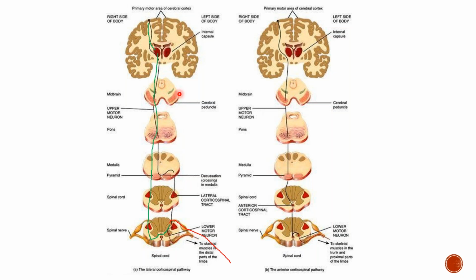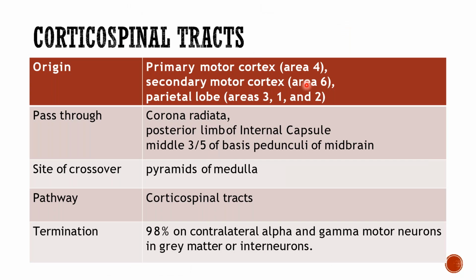so let me start from the corticospinal tract. Actually, it's already been done in your lecture, so I'll be just telling you again, a very basic review. It is going to be originating from the primary motor cortex, then the secondary motor cortex, and the parietal lobe. Some authors do say it is also coming from the supplementary motor cortex, number 8.